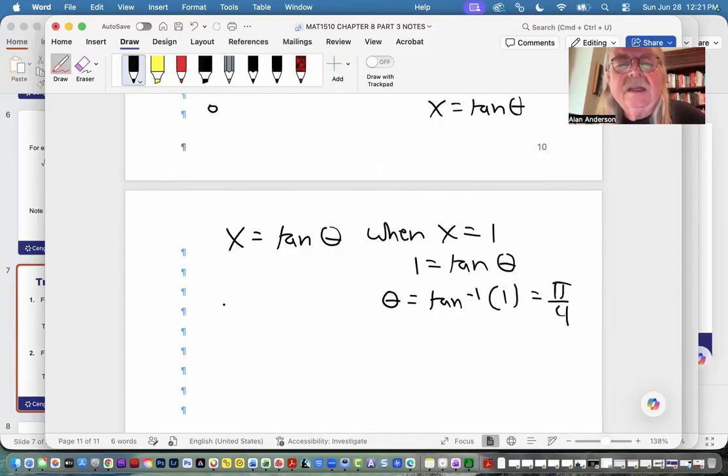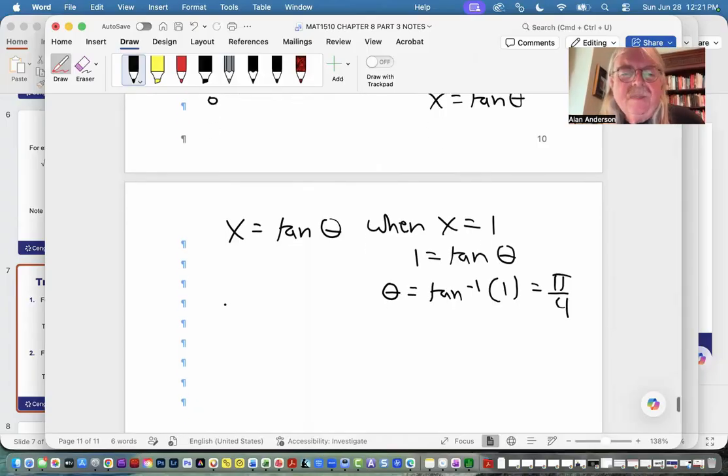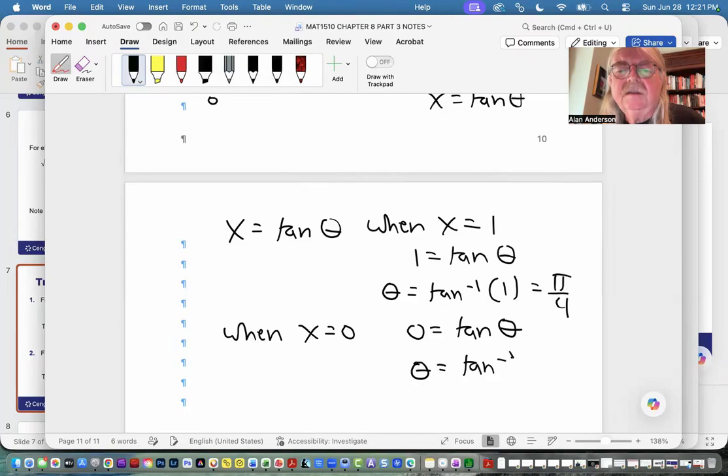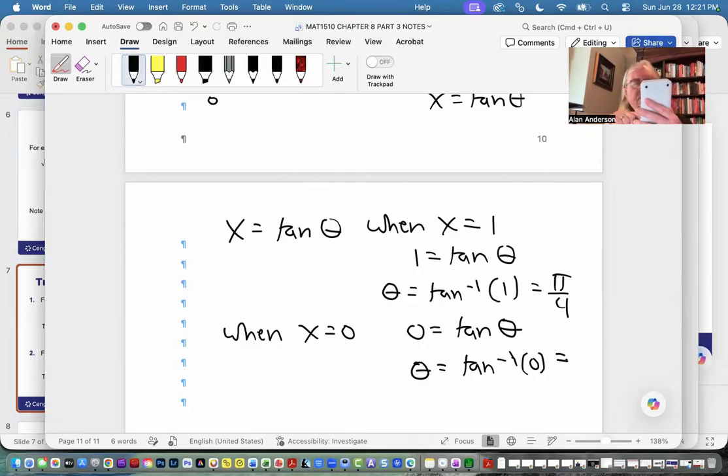And then anyway, when x equals 0, theta is the arctan of 0, and that's going to be 0. Very good.